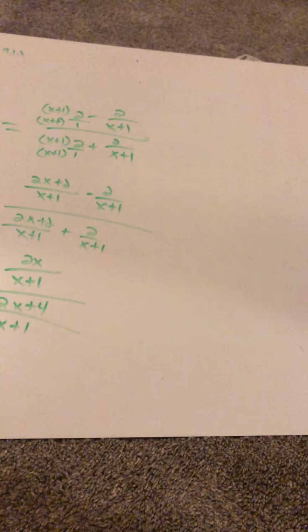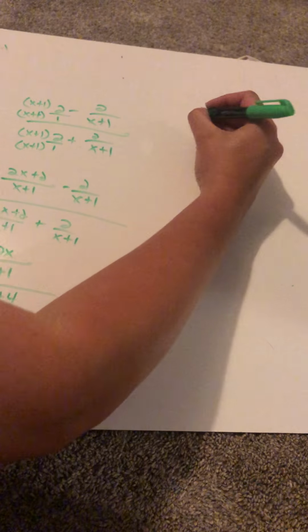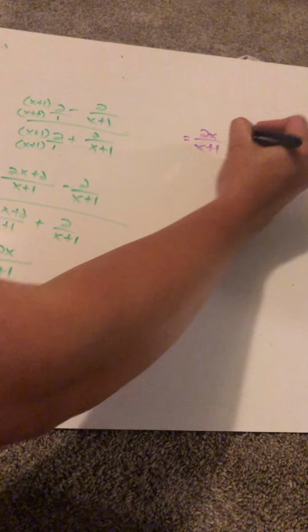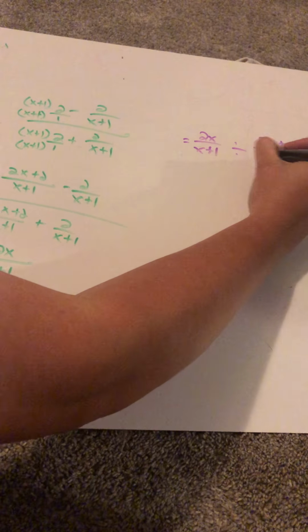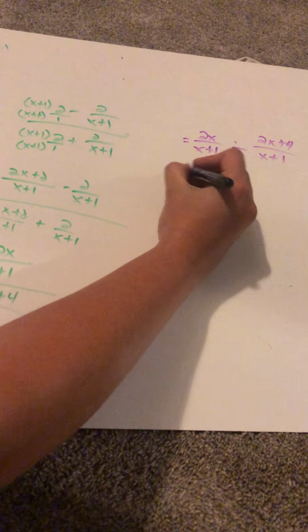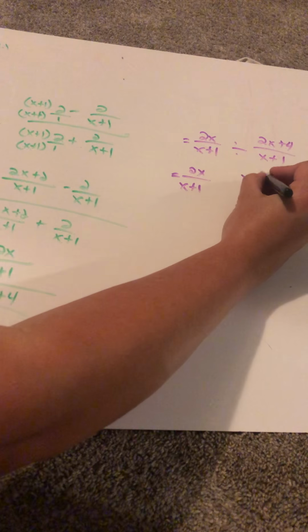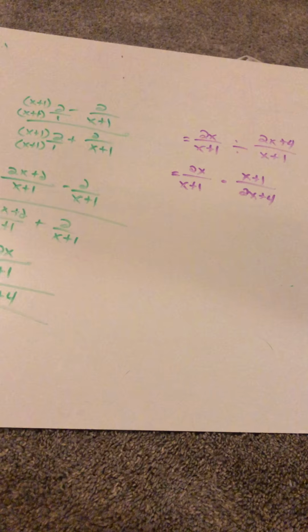So this is the same thing as saying, let me switch colors so they don't get confused, 2x over x plus 1 divided by 2x plus 4 over x plus 1. And this we just talked about. So I've got division, so we're going to keep the first, flip the second one, and then change it to multiplication.